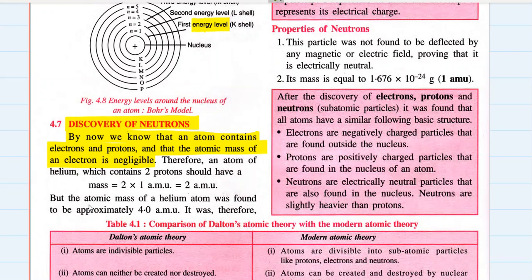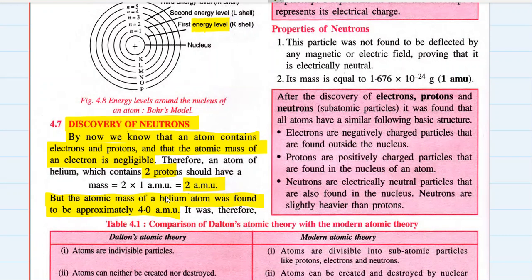So an atom, let's say an atom of helium, which contains two protons, should have a mass of 2 AMU. I told you in the last lecture what AMU is, atomic mass unit. But by experimental verification and research, it was found that helium had a mass of approximately 4 AMU, which was double the mass it should have in the ideal case.